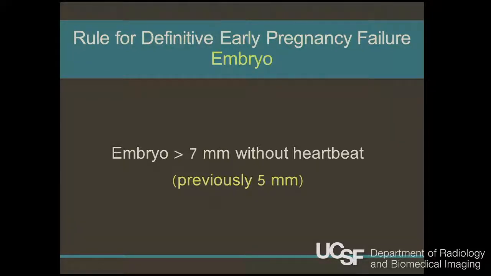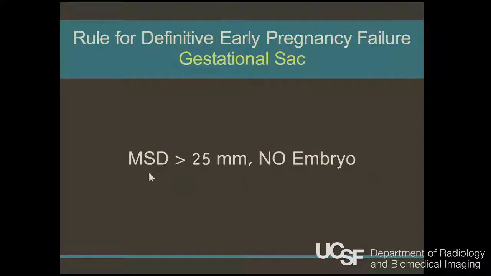But now we're really, really safe, and if you see an embryo greater than 7 millimeters without a heartbeat, you can definitely call it a demise. The other thing that changed was if you see a mean sac diameter greater than 25 millimeters with no embryo, you can also call that a demise. It used to be around 18 millimeters, or some people even used 16 millimeters. So these are really, really safe guidelines now to call an embryonic demise.